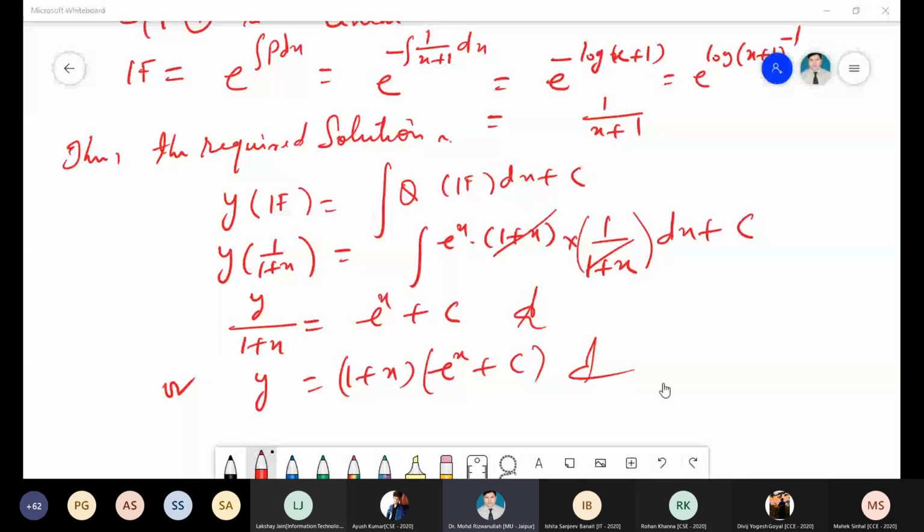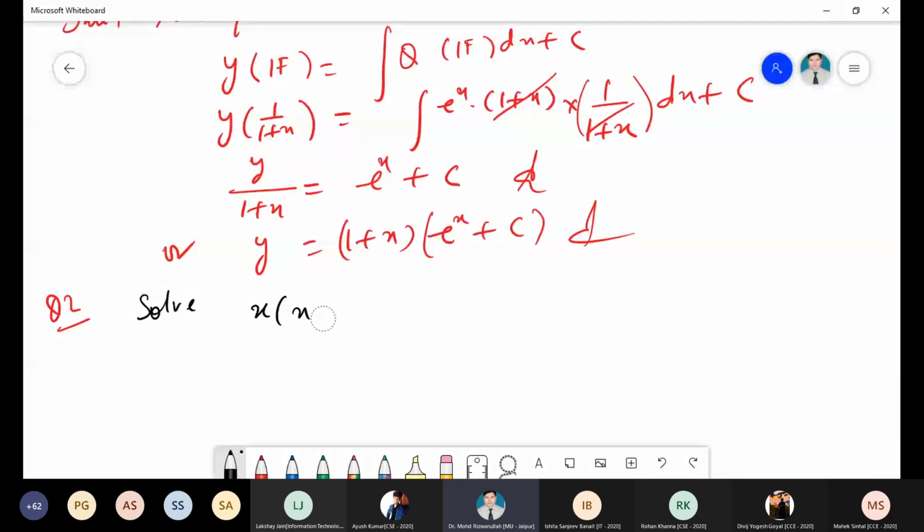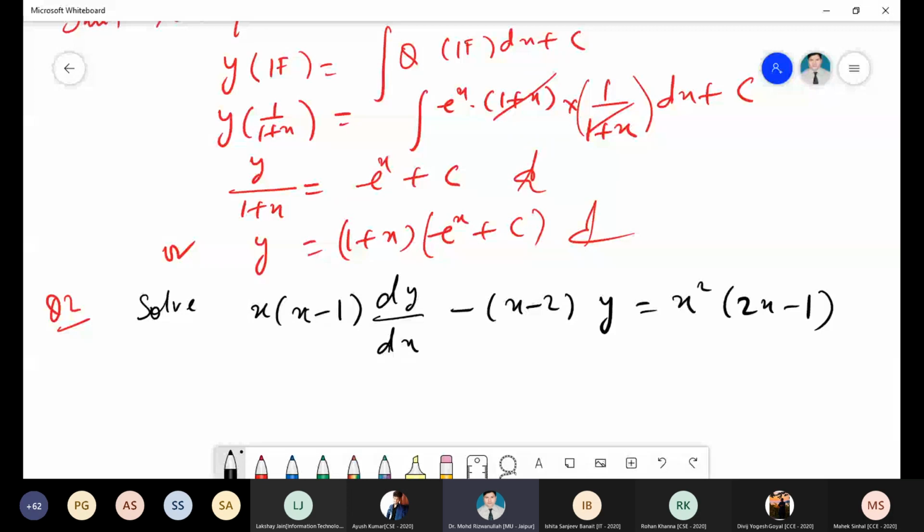Question number 2. Solve x into (x minus 1) dy/dx minus (x minus 2) y equals x squared (2x minus 1).